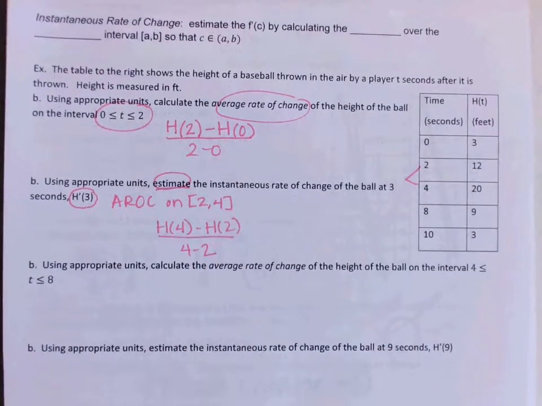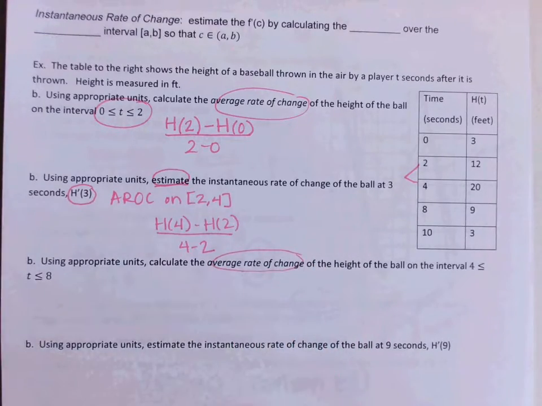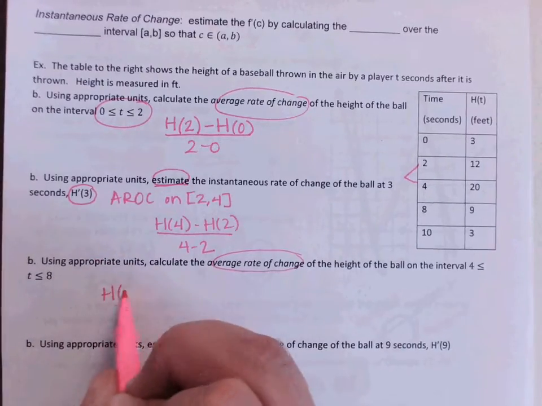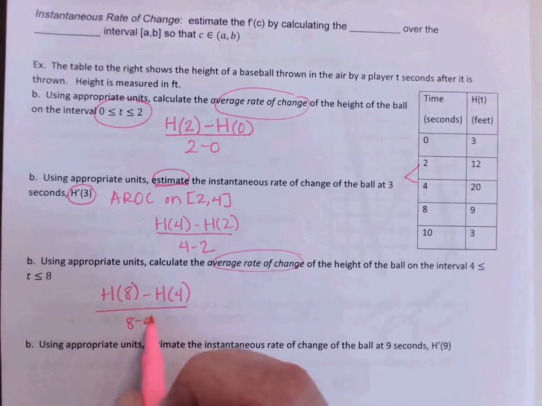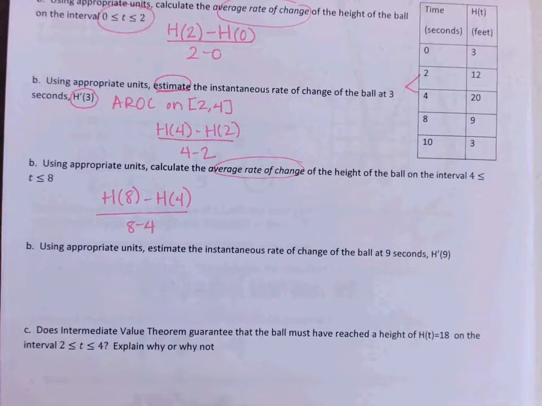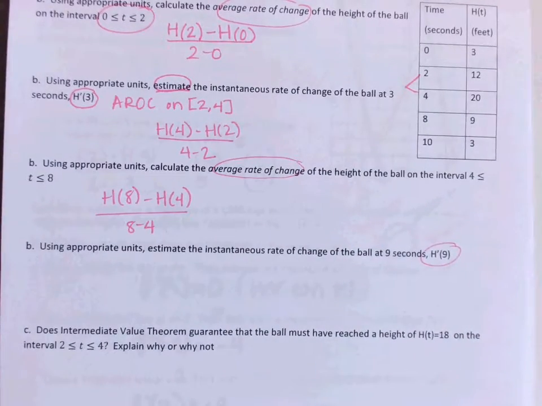Okay, go down to letter B. Average rate of change, they have to give you 2 values. They gave us from 4 to 8. So we do h of 8 minus h of 4 over 8 minus 4. But then for an instantaneous rate of change, you have to pick the interval where that number fits.